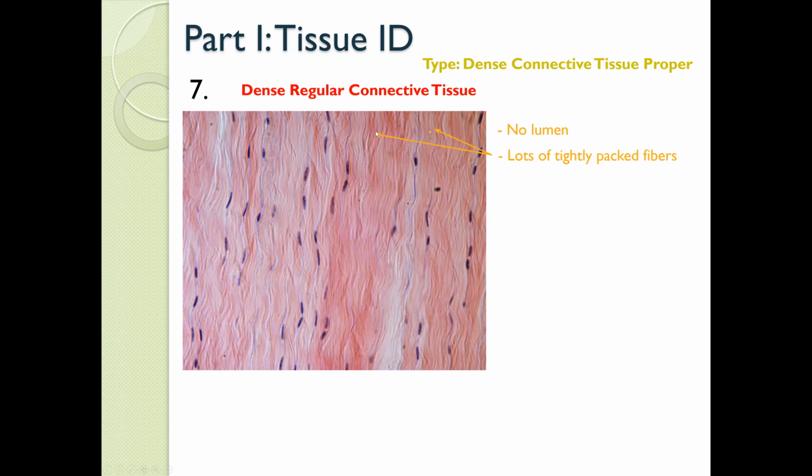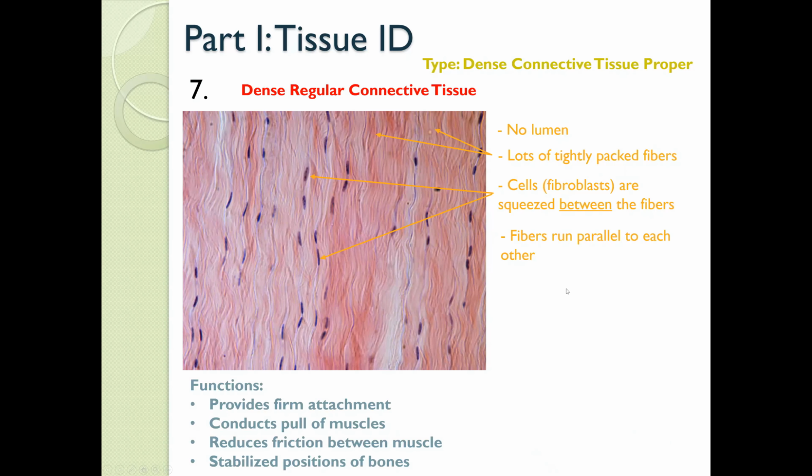We do see a lot of very tightly packed fibers, and we see these little cells that look sandwiched or squeezed between the fibers. These are actually fibroblasts, and you can tell that they are squeezed between the fibers because they're not actually inside the fibers. If you look carefully, you can see that they're actually between the fibers. And the fibers all run parallel to each other, so those are all characteristics of dense regular connective tissue.